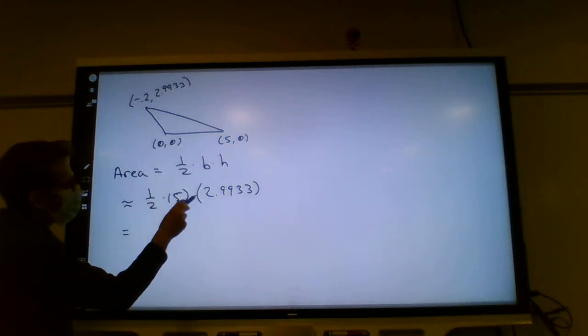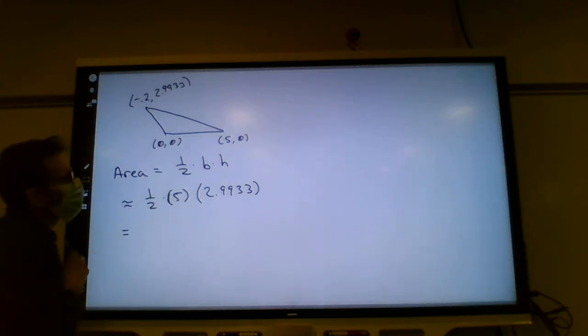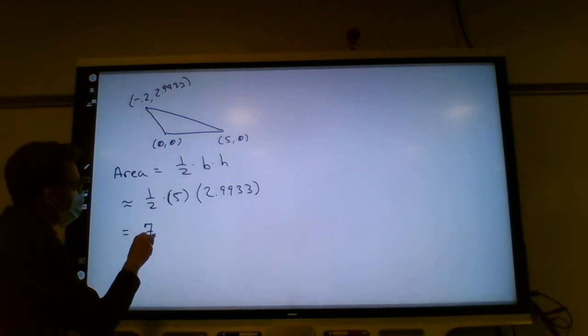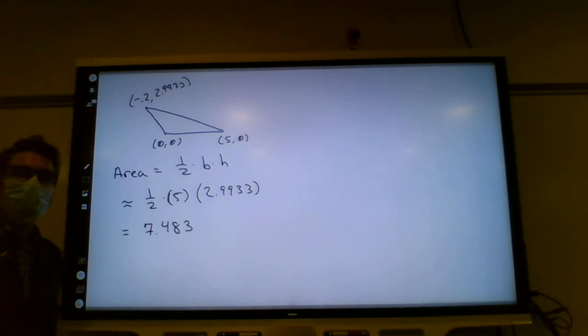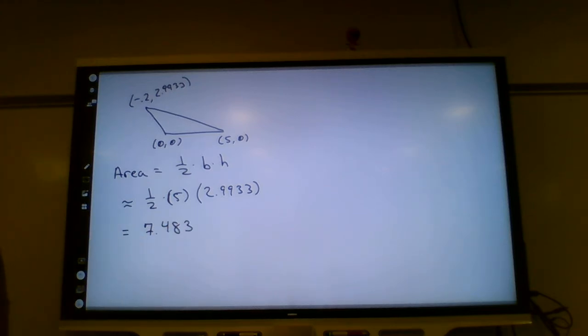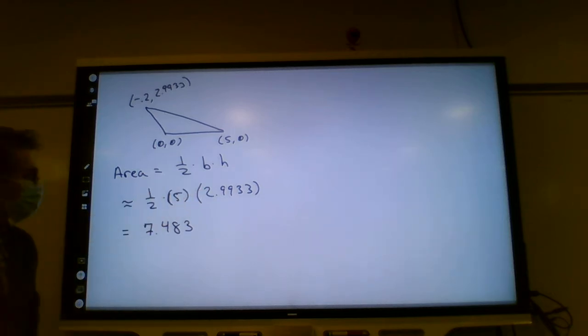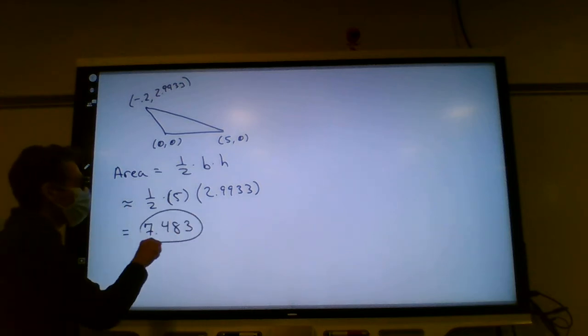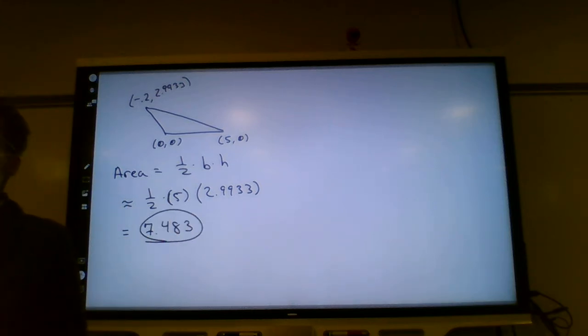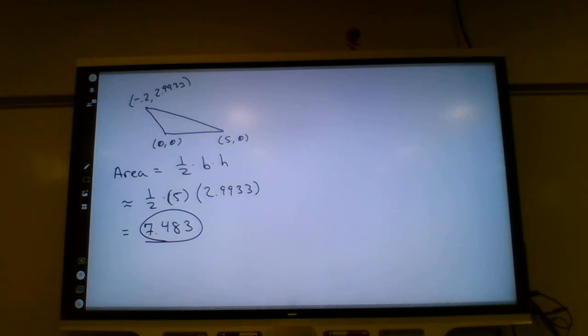Well, that's 2.5 right there times almost 3. So it's going to be 7 point something. 7.483 if we round it to 3 decimal places. All right, so about 7.483 is the area that we've calculated using this approach.